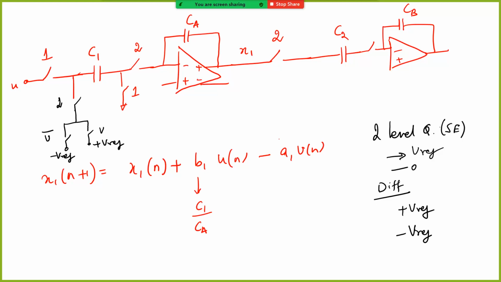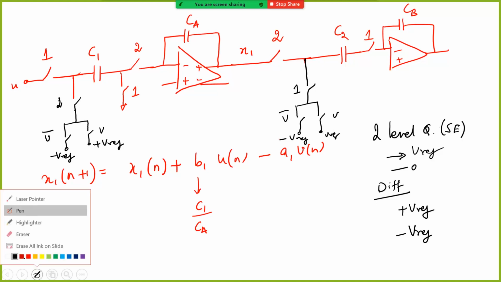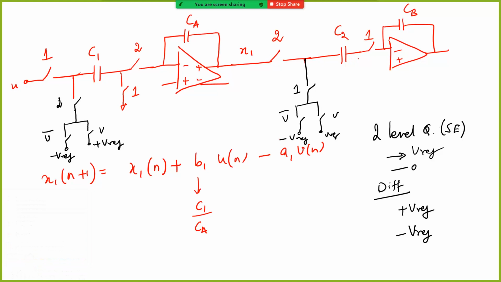So now this is going to be controlled by switch φ1, and let's say this is the black line, which is going to be controlled by V bar, to VREF, minus VREF, V2, this one. Basically this side, when you're charging it, it goes to ground.